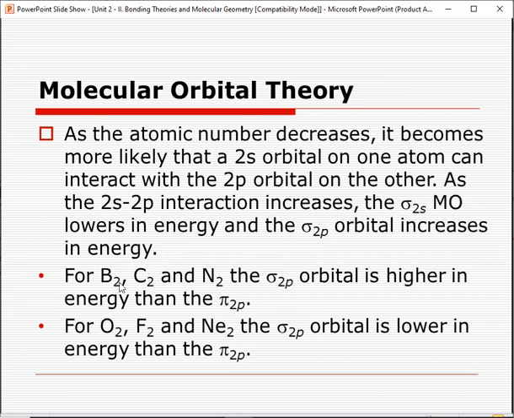So for B2, boron, carbon, nitrogen, 2, the sigma 2p orbital is higher in energy than the pi 2p orbital. But for O2, F2, and Ne2, the sigma 2p orbital is lower in energy than pi 2p orbital.